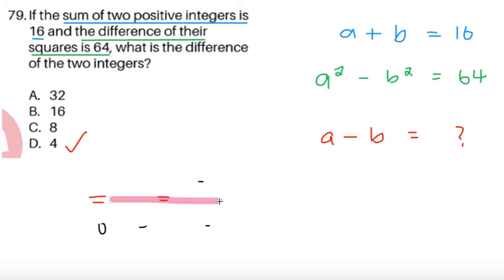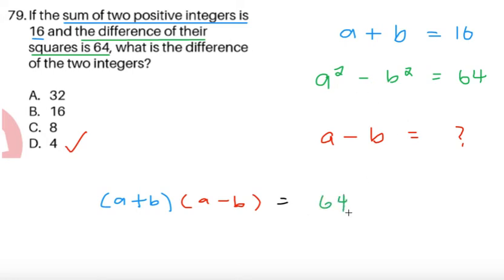Now, alternatively, we can use our knowledge in algebra. This part here, a squared minus b squared, is a difference of two squares. We can easily factor it, and this is actually factored into a plus b times a minus b. Now it is given that a squared minus b squared is equal to 64.